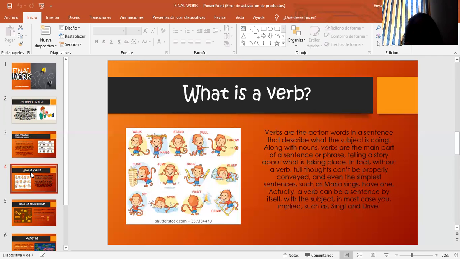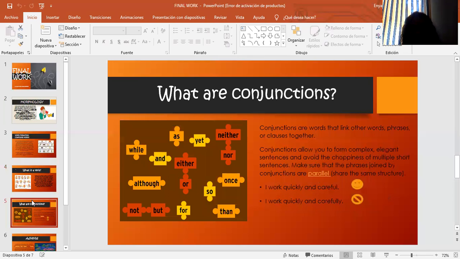Now I'm going to explain about conjunctions. Well, I don't know if I am saying this right because it's difficult to pronounce. I'm sorry for that. But what are conjunctions?